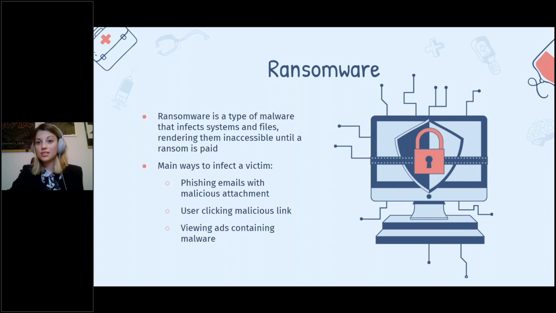When this occurs in the healthcare industry, critical processes are slowed or become completely inoperable. Typically, ransomware infects victim machines in one of three ways: through phishing emails containing a malicious attachment, via a user clicking on a malicious link, or by viewing an advertisement containing malware. This is called malvertising.